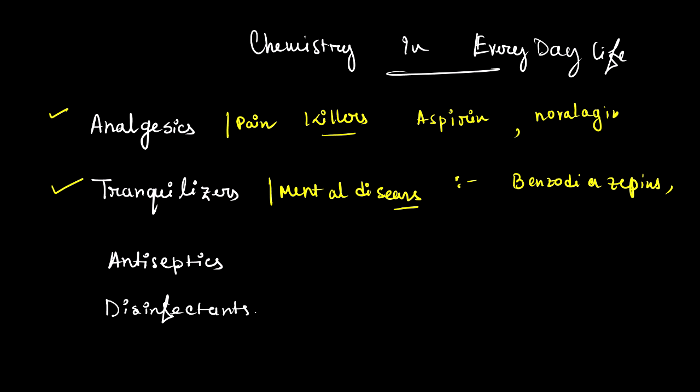Then coming to the antiseptics. We are all aware of the term antiseptic. So what are antiseptics actually? Antiseptics are compounds which kill or prevent the growth of microorganisms or germs, without causing any kind of toxicity or harmfulness.